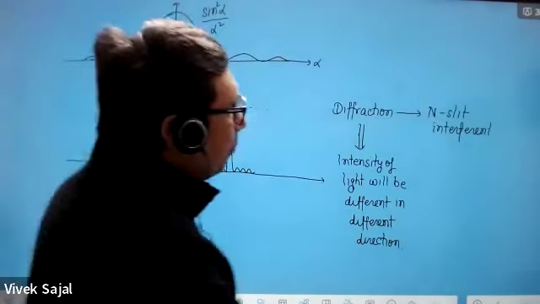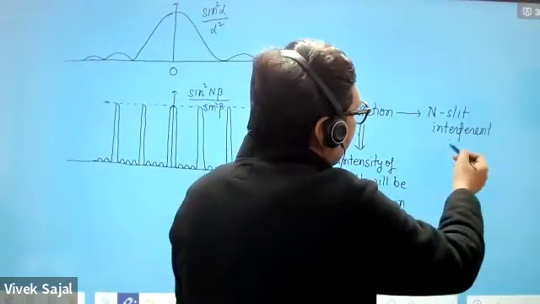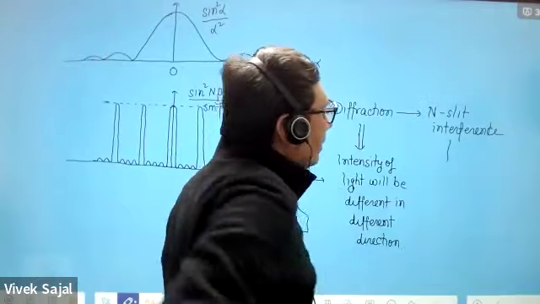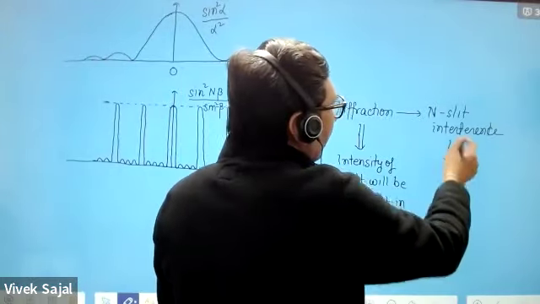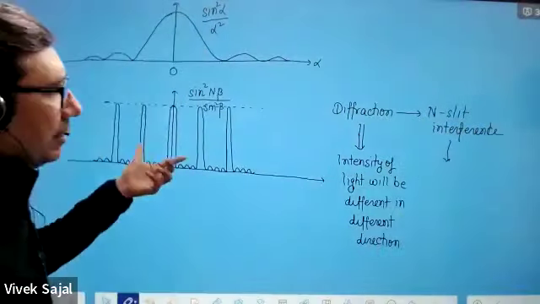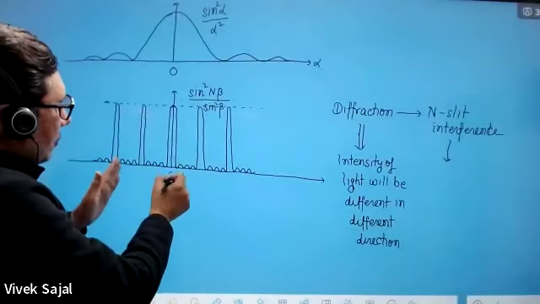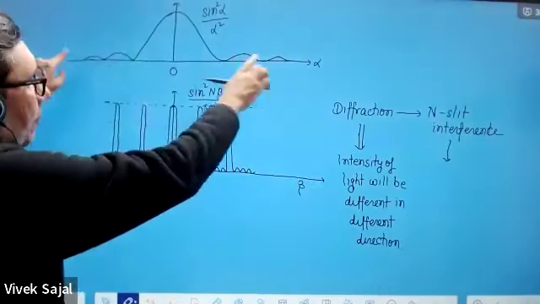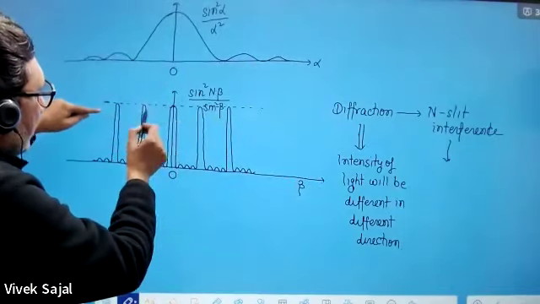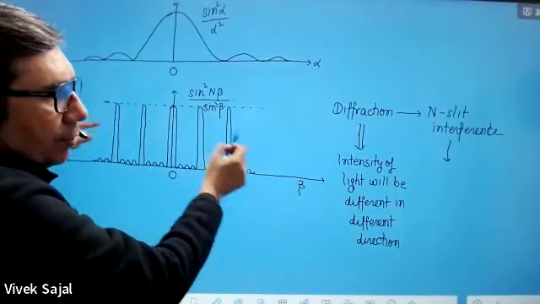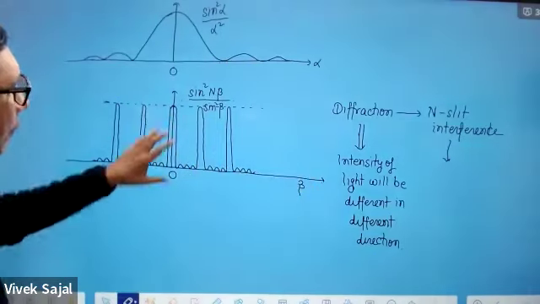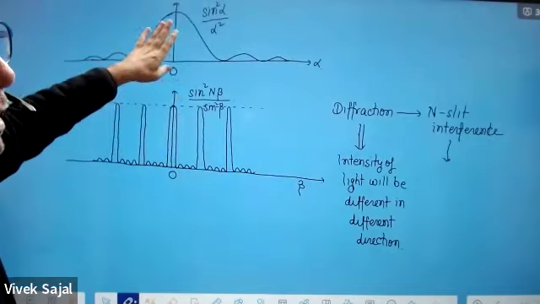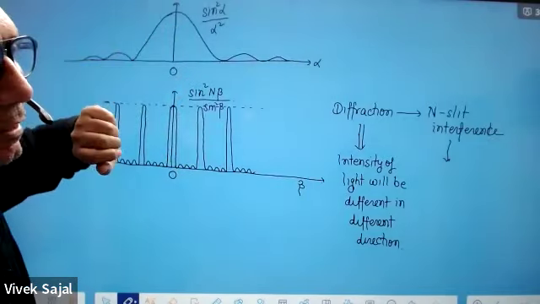Now, what will happen, friends? Due to this, basically you are getting this type of pattern, but now try to understand, at different angles intensity of light is different. So the heights of these principal maximas will be modified corresponding to the intensity of light available in different directions.